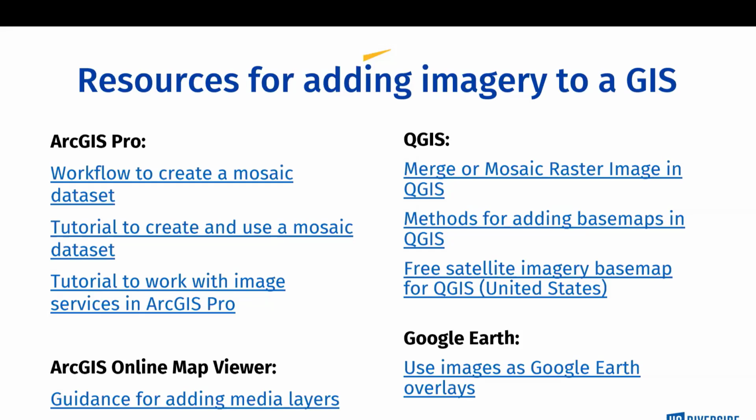I'm seeing a message in the chat about something I had neglected to mention, which is there must be a CRS, or a coordinate reference system. You have to match up the projections, how the Earth's curvature is being translated, both in the GIS itself and the image that you're loading in.